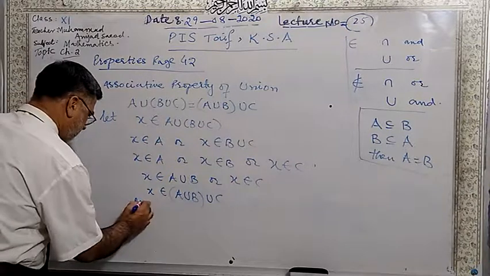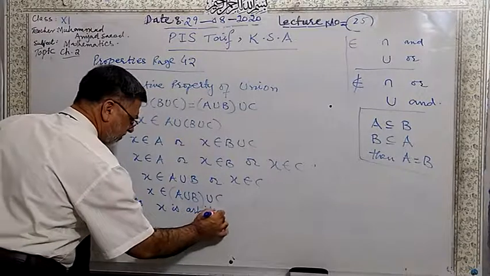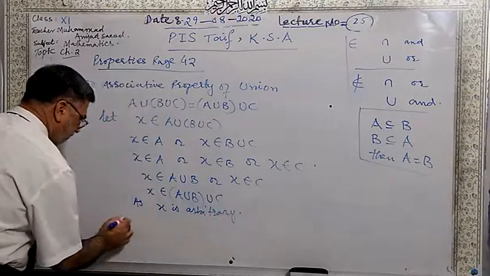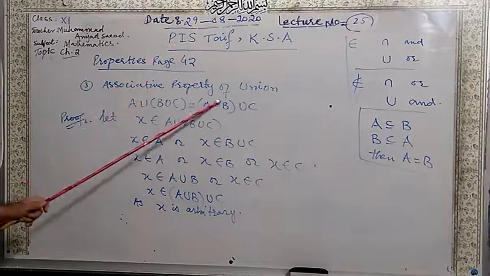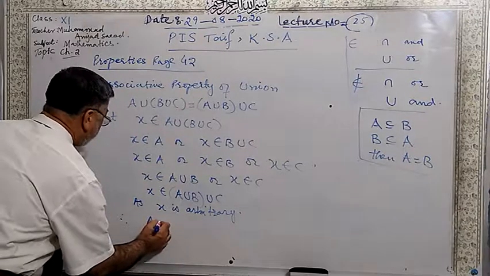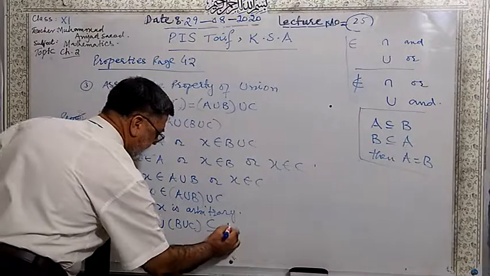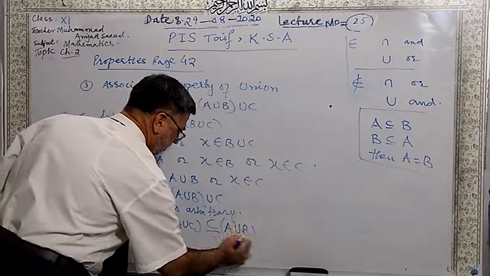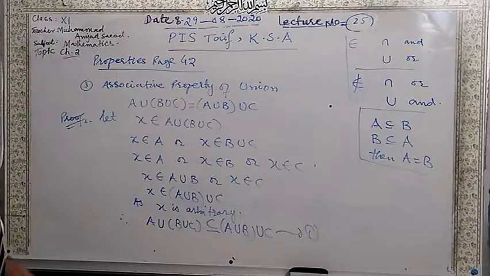As X is arbitrary, therefore all the members of the left hand side will be members of the right hand side. You can say (A union B) union C is contained in A union (B union C). That is number 1.